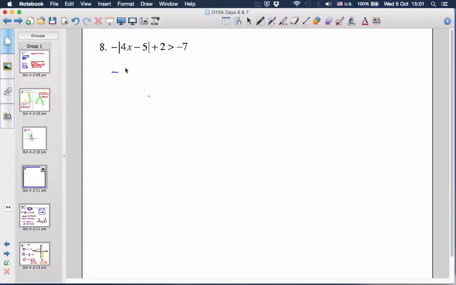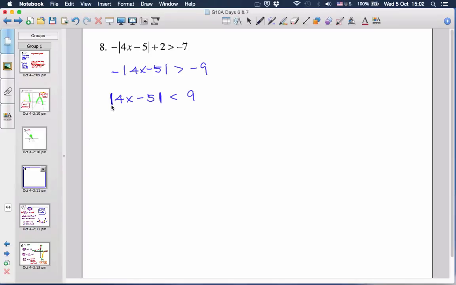So first thing, I'm going to add or subtract 2 from both sides. Okay, and then I'm going to multiply both sides by negative 1, in an attempt to get the absolute value symbol and what's inside on one side of the inequality. So the sign changes direction, and so we have absolute value of 4x minus 5 is less than 9.